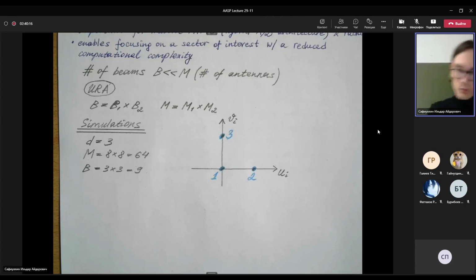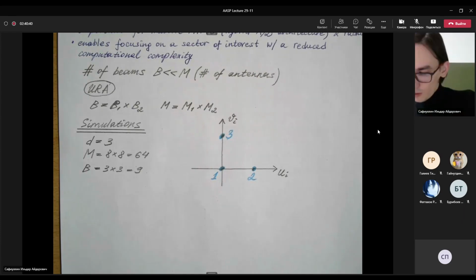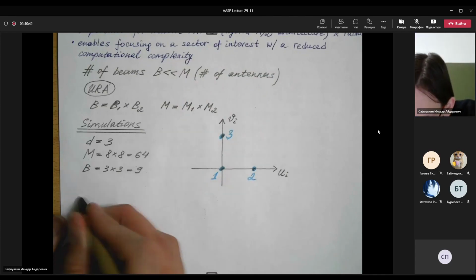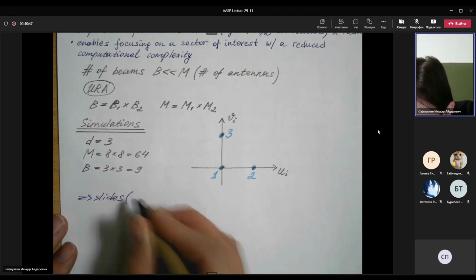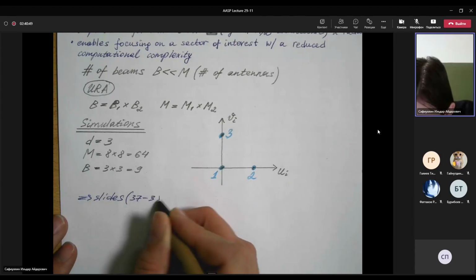Maybe we will see it on slides 37 to 38. So let's check. But the main idea here is to reduce this computational complexity using the sectors of interest.